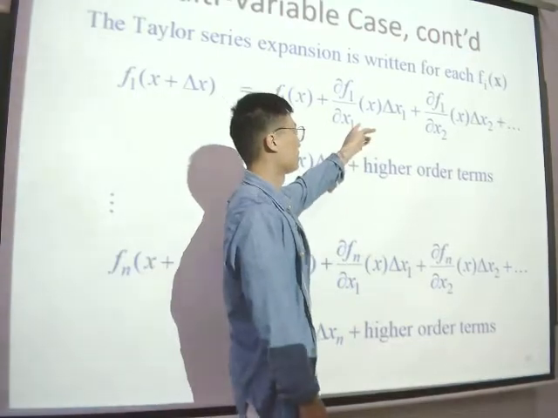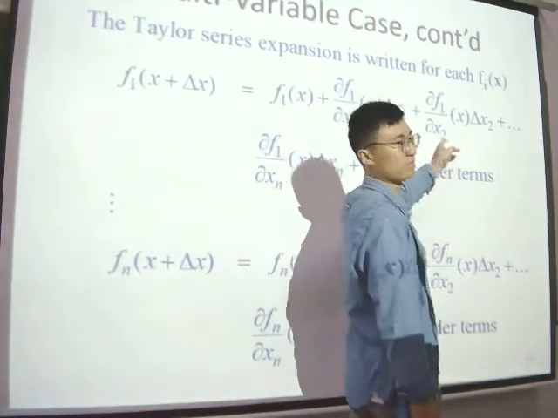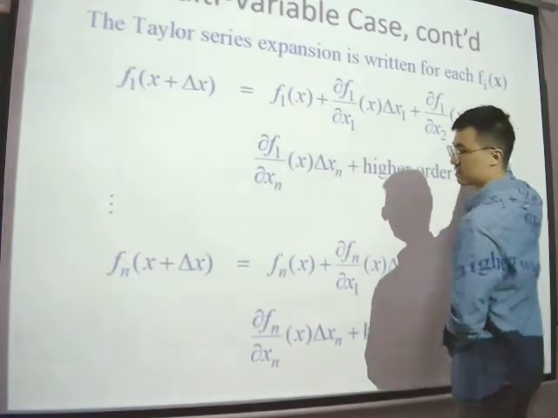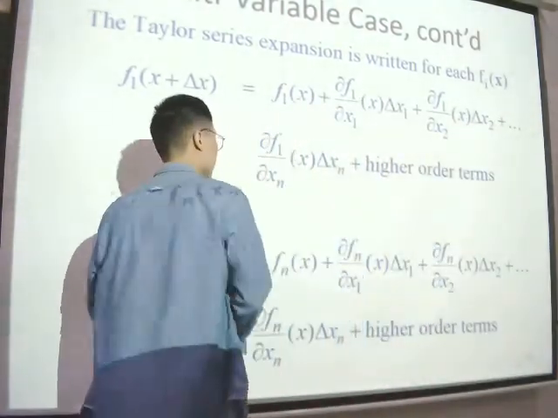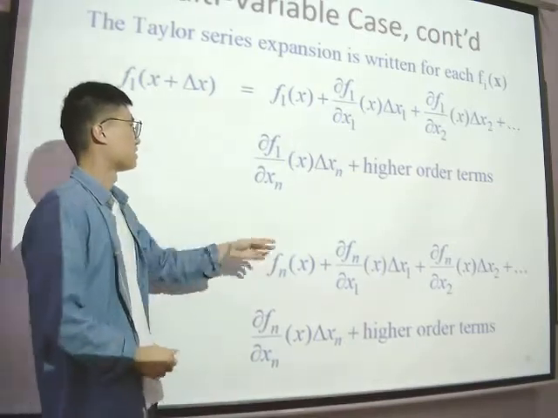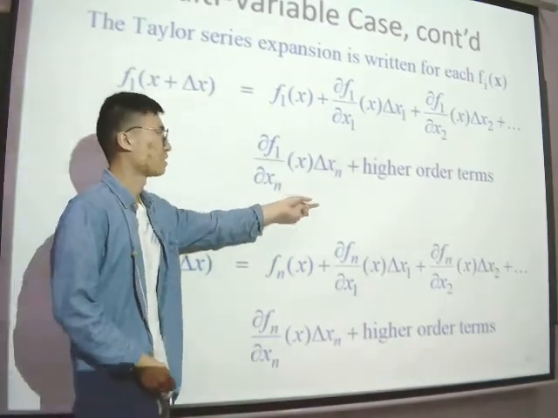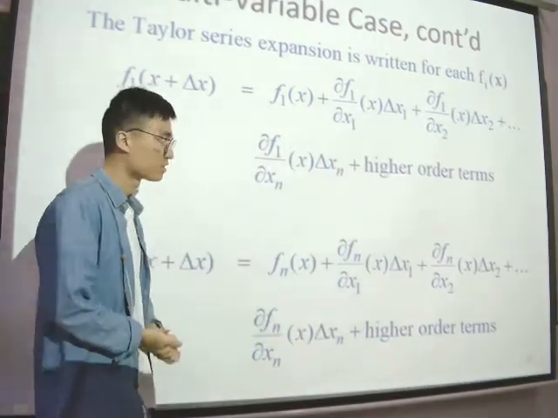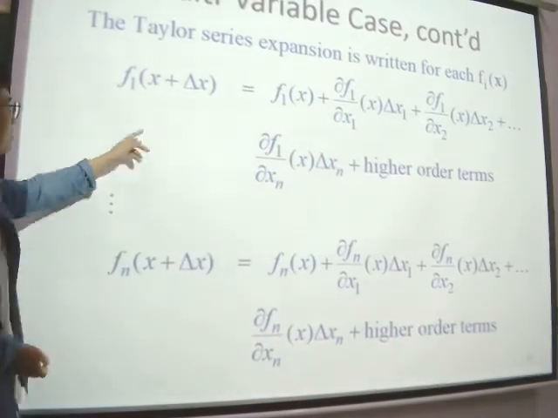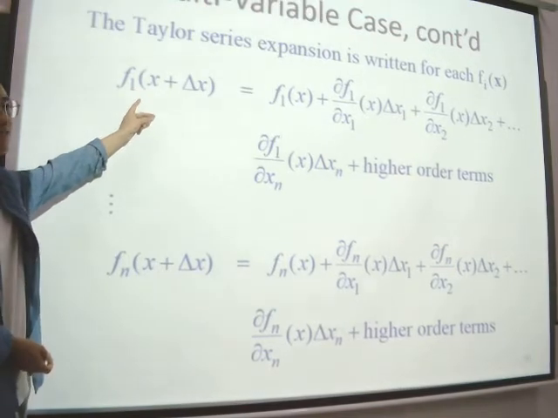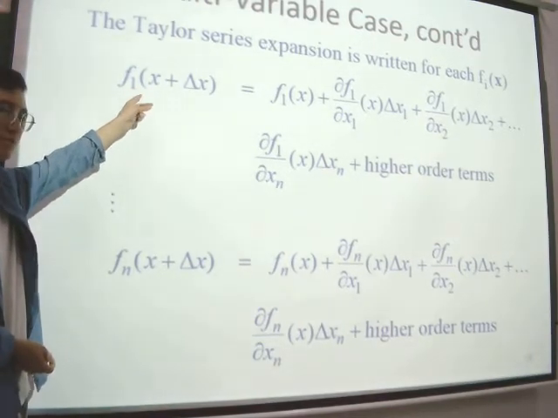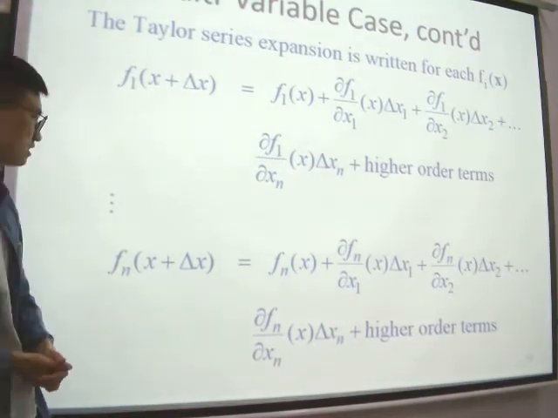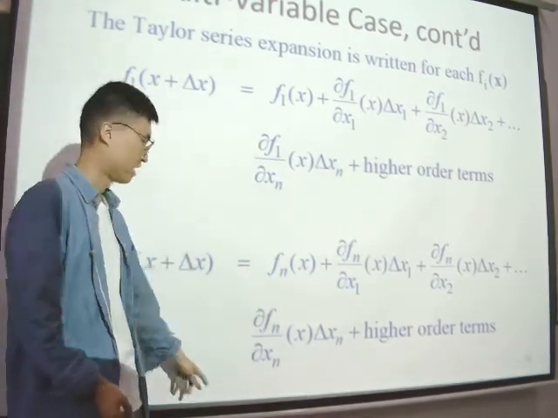The first order term, the second order term, and so on, we wrap up the following terms so that we get the higher order terms. Okay, so this is f1, the first function value with respect to x1, and we repeat this up to xn, right?